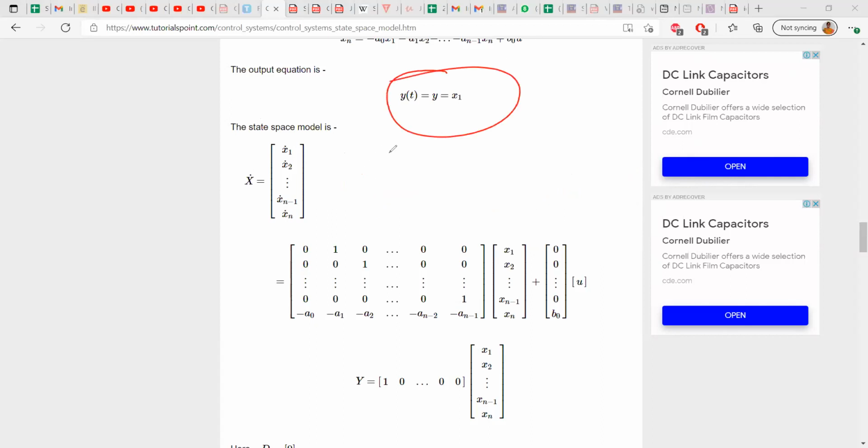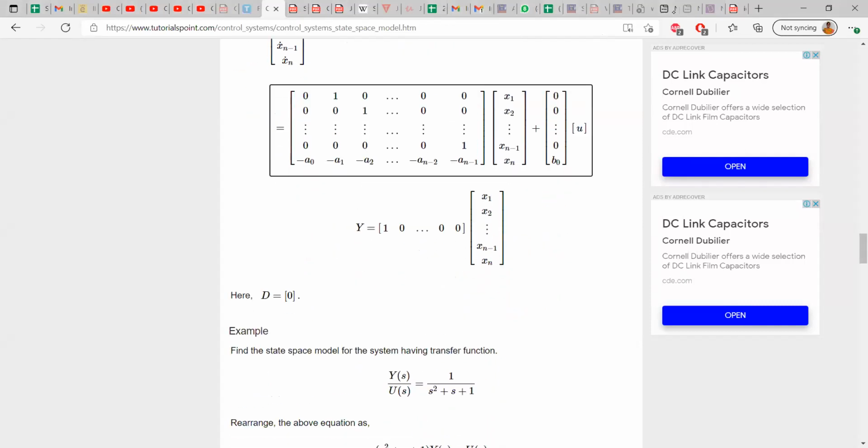Now the output: Y equals X1. The output equation is CX plus DU. X is the entire state matrix. So what is Y?